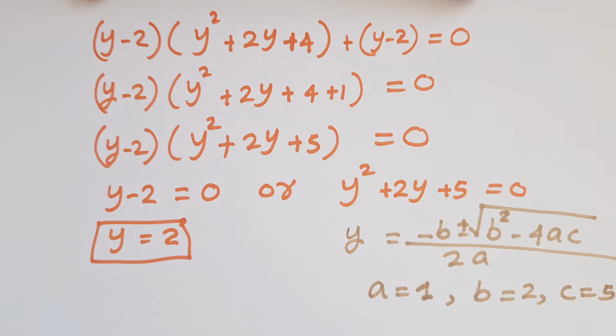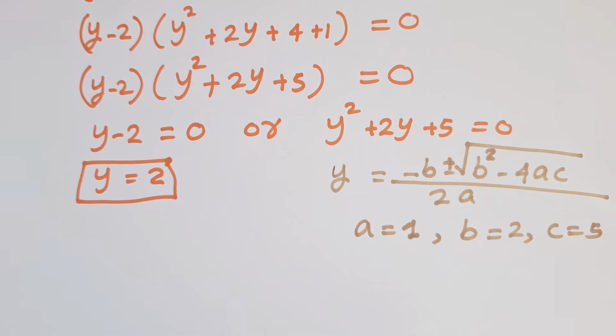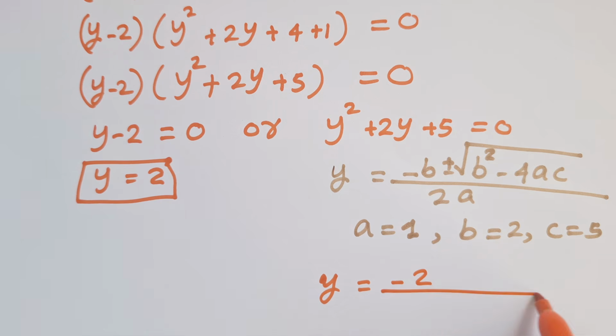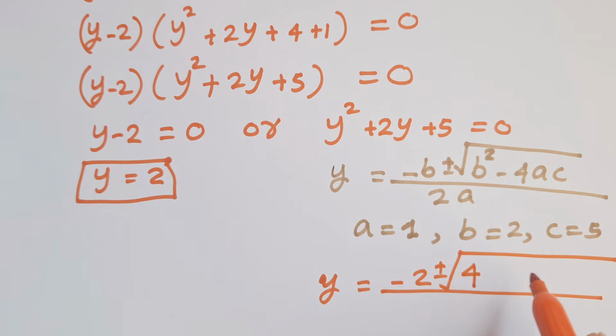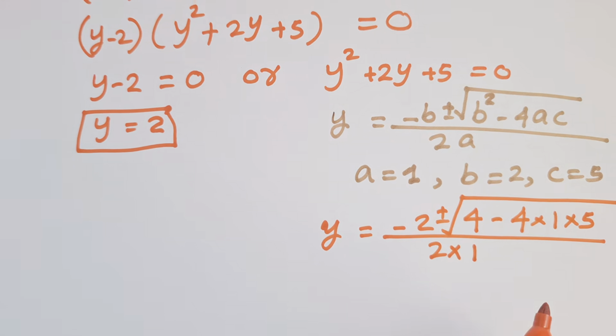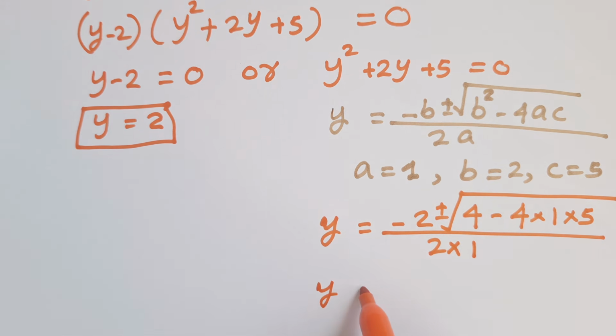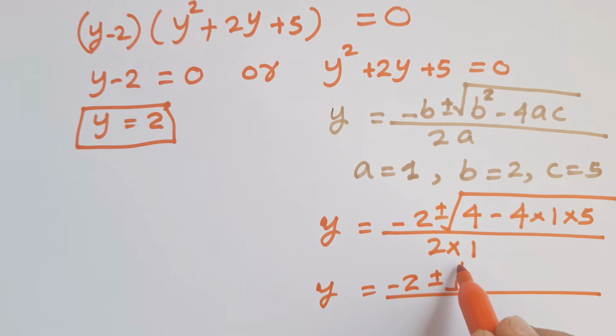So if I substitute these values to my common formula, we have y is equal to minus 2. Inside the square root we have b square, which means 4, minus 4 times a is equal to 1, c is equal to 5, divided by 2 times 1. So then y is equal to minus 2 plus or minus.